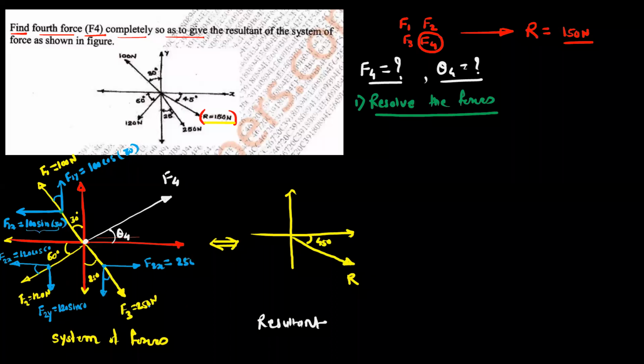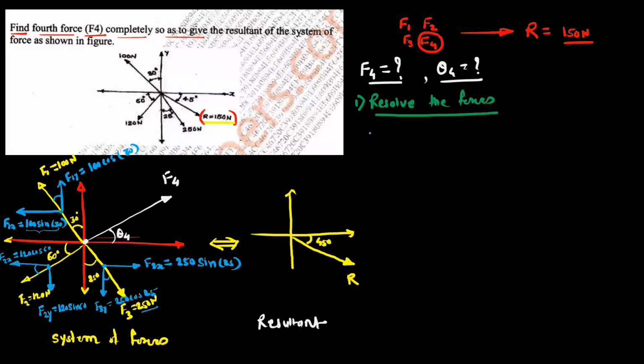So 250, that is the F3 value, sin 25. This is F3x, and F3y is equal to 250 cos 25. Actually, the component is negative, it is in the downward direction, but don't give the sign whenever we write the component in the diagram.